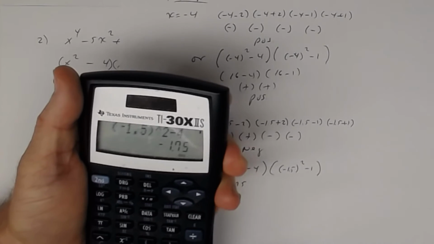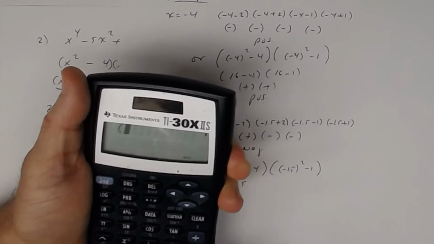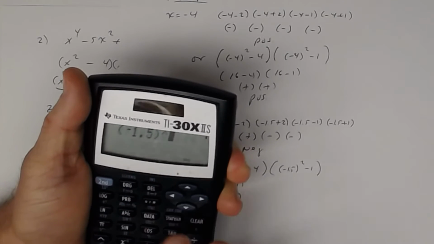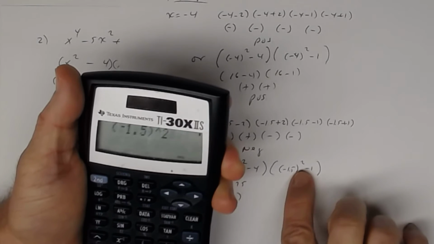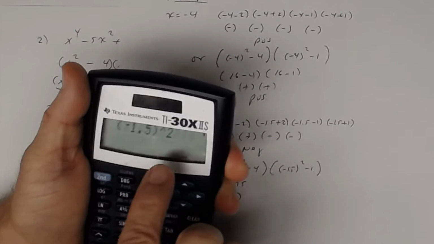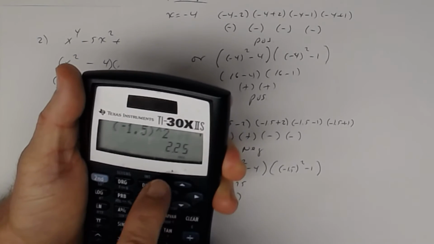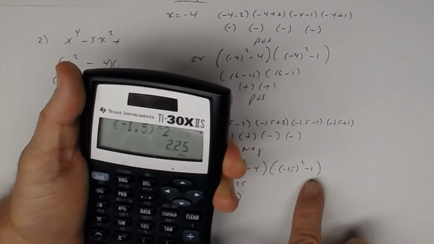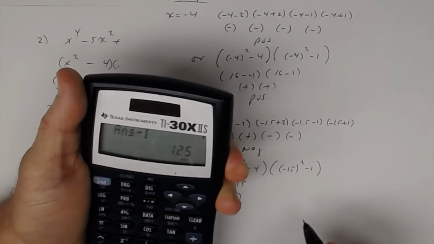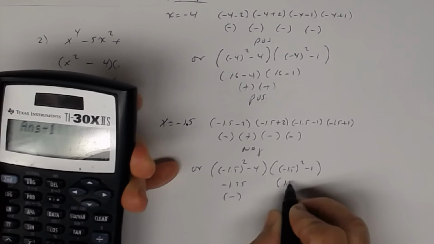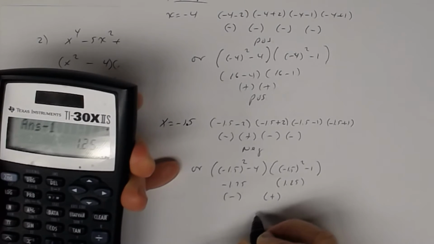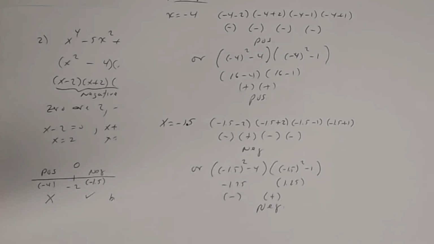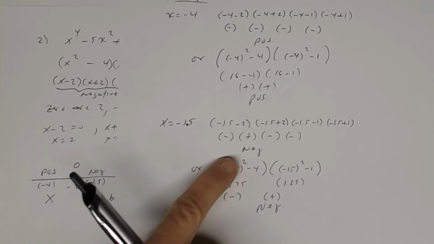Over here, in parentheses, negative 1.5 squared. The reason we put in parentheses is because negative 1.5 times itself is positive. So if you enter it right now, you better get positive, and you do. But I've got to subtract 1, so that's positive 1.25, which is positive. So a negative times a positive is a negative, and that's what you got here.